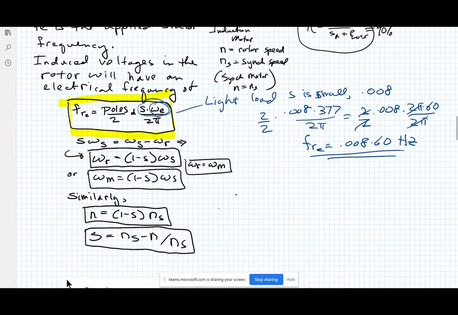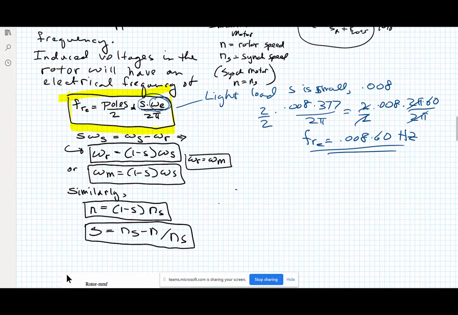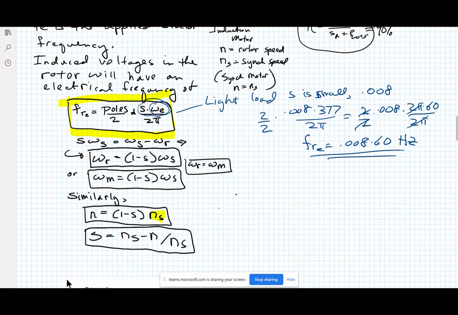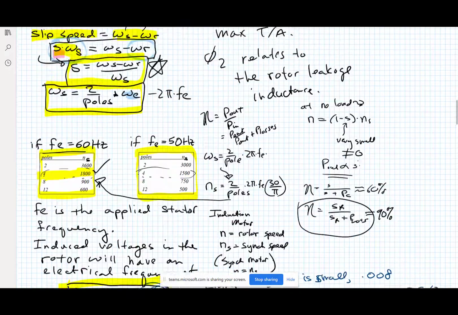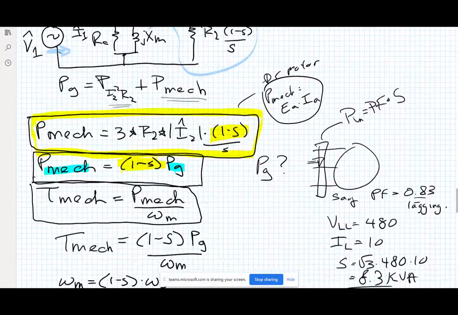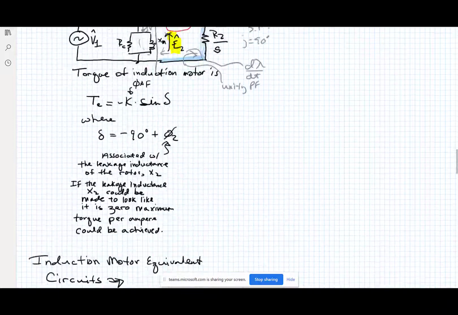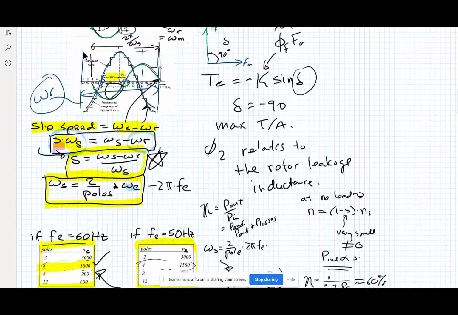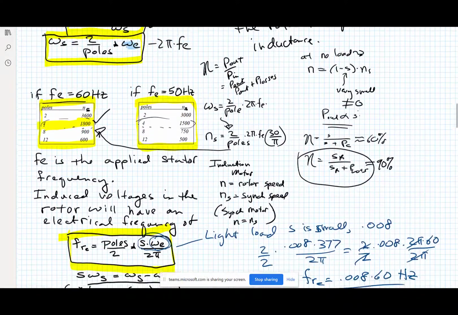Another one is I don't have to have everything in terms of radians per second. If I gave you the synchronous frequency, which could have come from these tables that I showed you, maybe they're up here. Where did I put them? There they are.